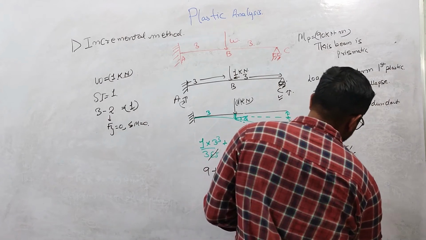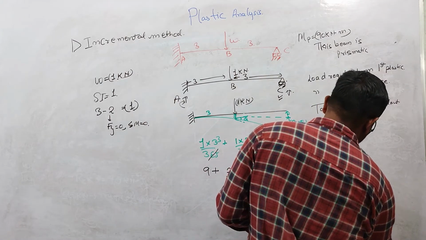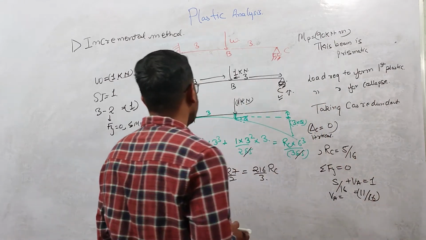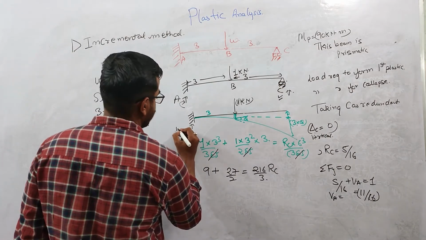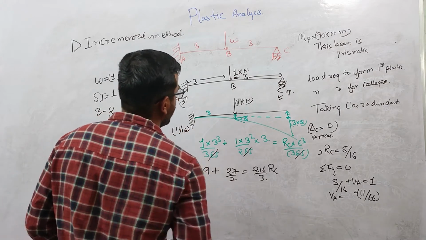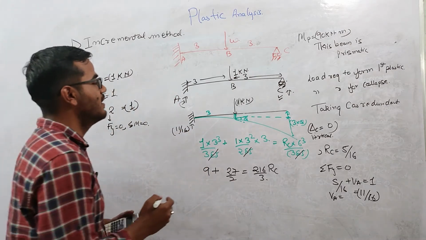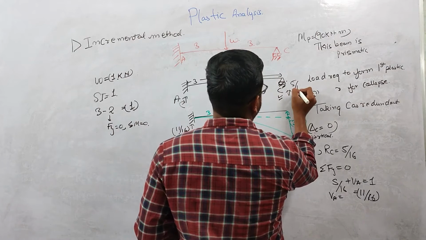So this value is basically 11 by 16, VA, right? So we know the reaction at this point VA is 11 by 16, and the reaction at this C support is basically 5 by 16.